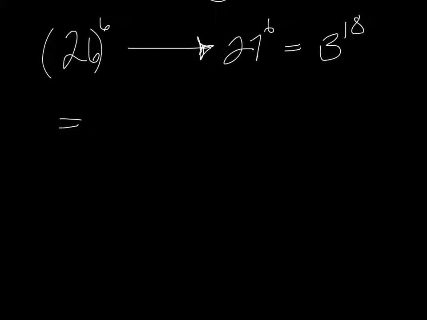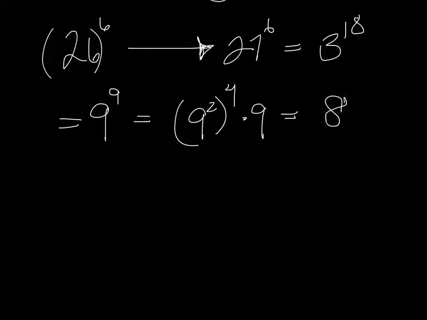The reason why is 27 to the 6th is 3 to the 18th. Is 9 to the 9th. Is 9 squared to the 4 times 9 is 81 to the 4.